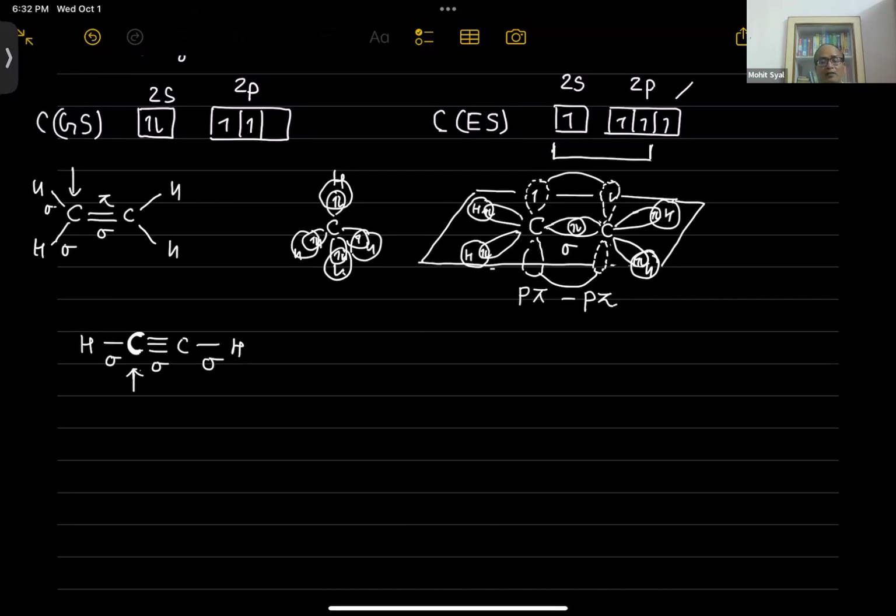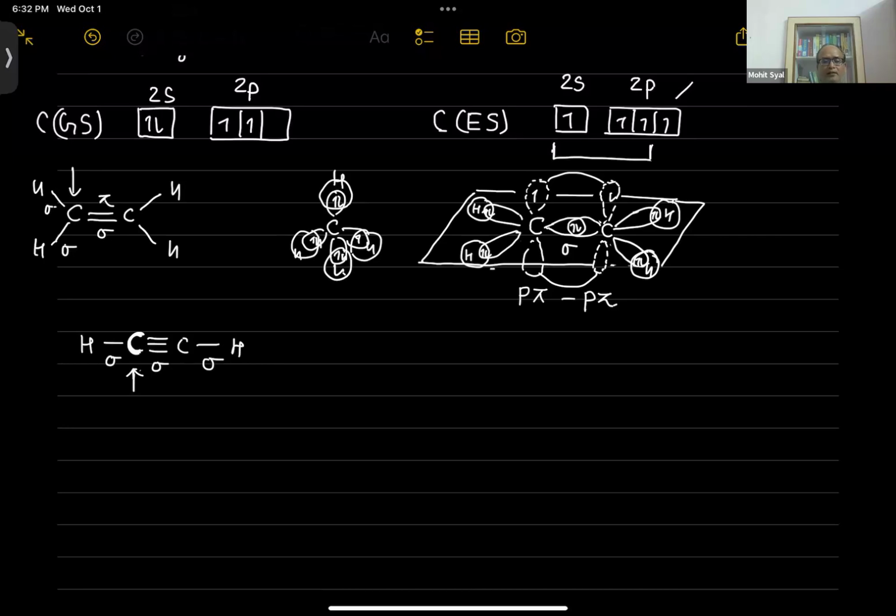You may be asked to count the total number of bonds. But for finding the hybridization of a particular atom in a molecule, you need to count the sigma bonds on that particular atom, not everywhere. Is it clear or not? So 2 sigma bonds are there.